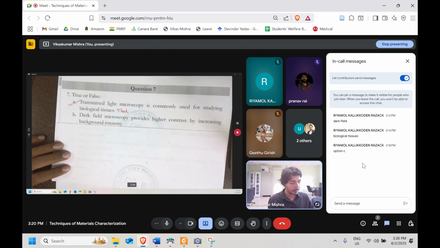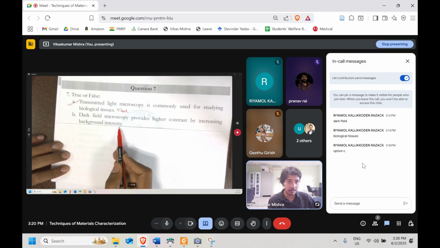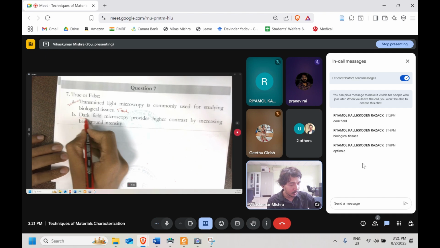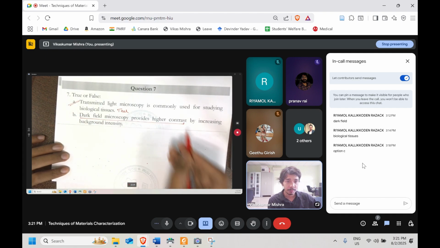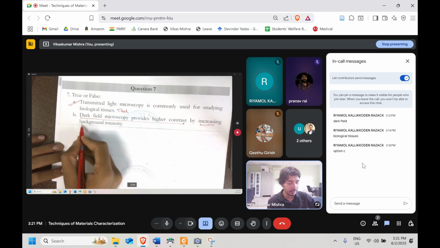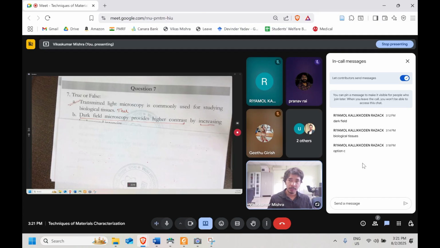Let's go to the second one. Dark field microscopy provides higher contrast by increasing the background intensity. See, dark field microscopy provides higher contrast, this is true. The next part says by increasing the background intensity. If we increase the background intensity, will the contrast be more or less?